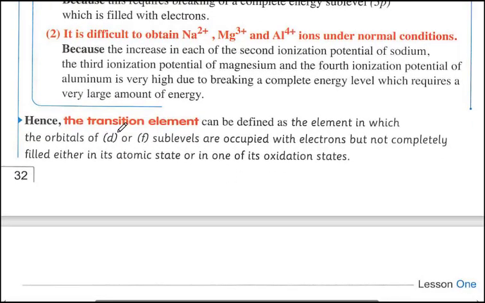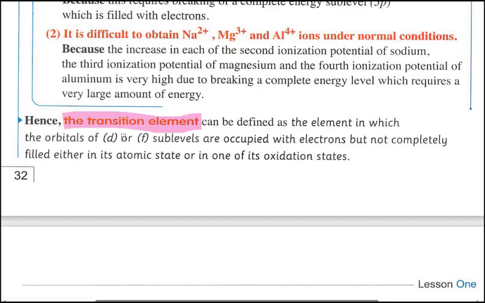So what is the definition of the transition element? The transition element is the element which has the electronic configuration of d or f occupied with electrons, but not completely filled, either in the elementary state or in one of its oxidation states.